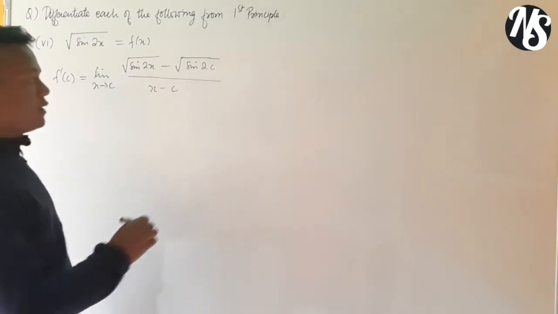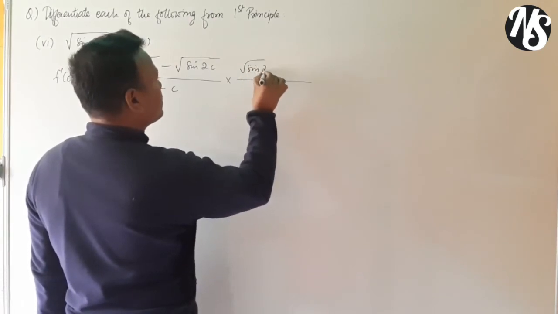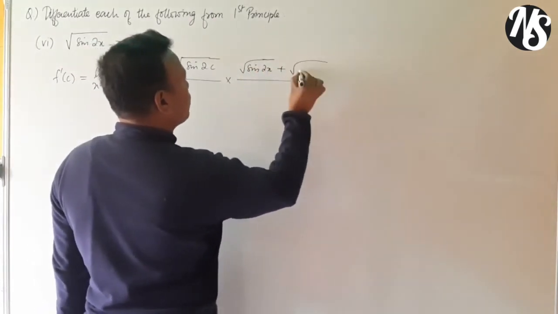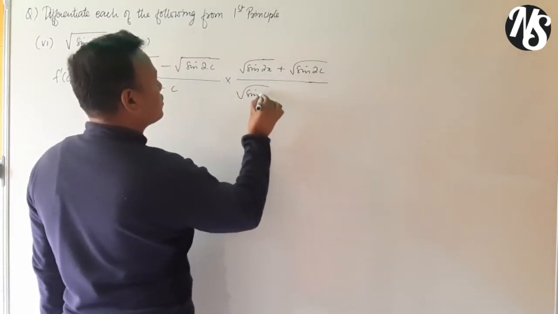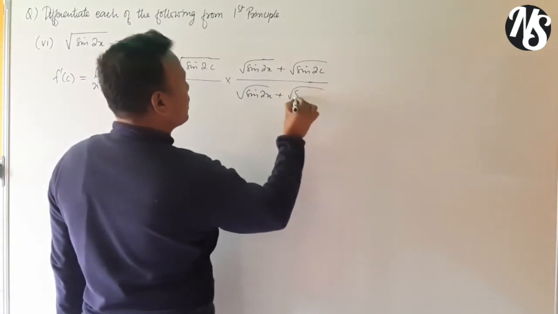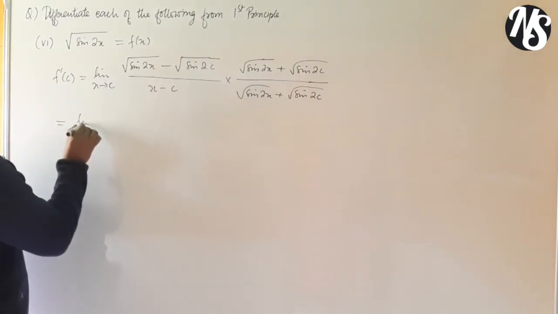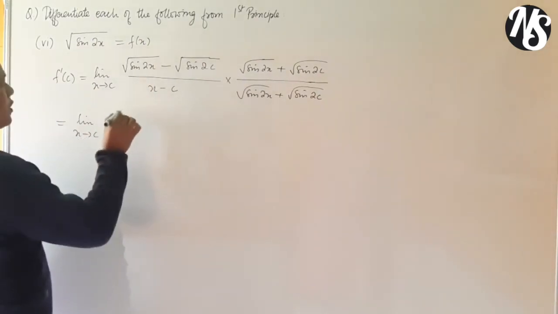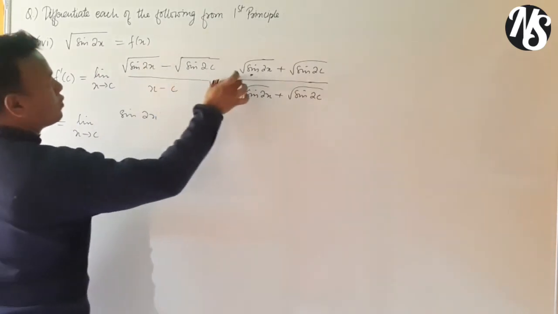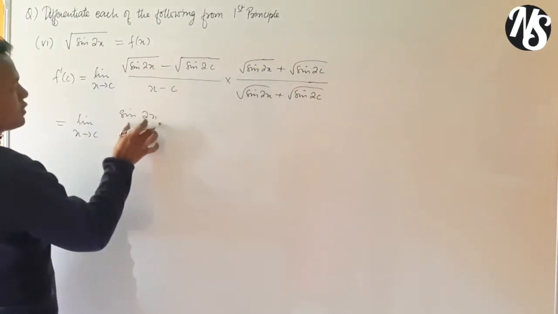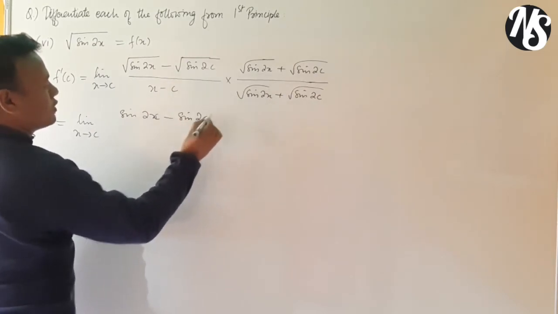So if you want to rationalize it, I have to multiply by square root of sine 2x plus square root of sine 2c, and the same has to be done in the denominator also. So the numerator changes to, limit x tends to c, sine 2x, a minus b into a plus b is a square minus b square, that is sine 2x minus sine 2c.